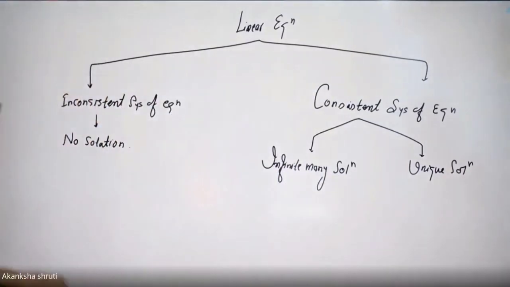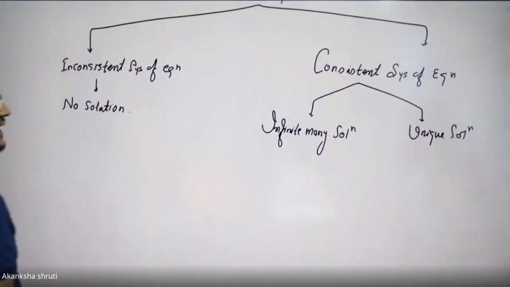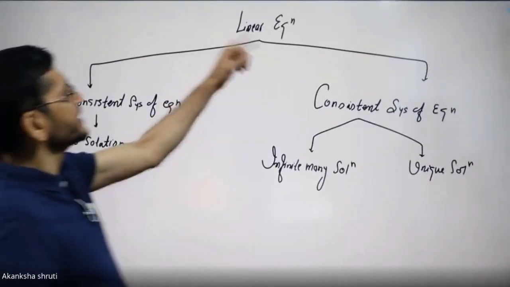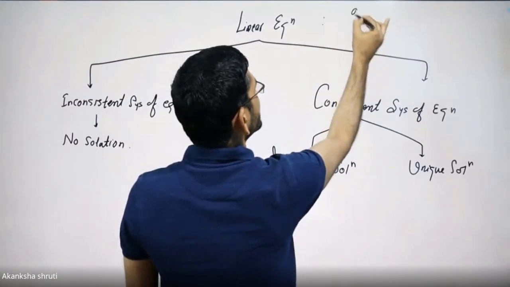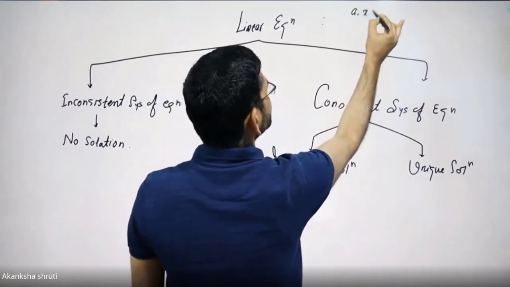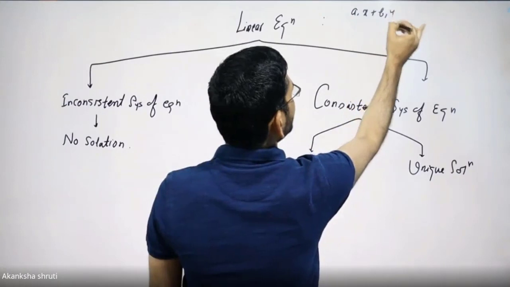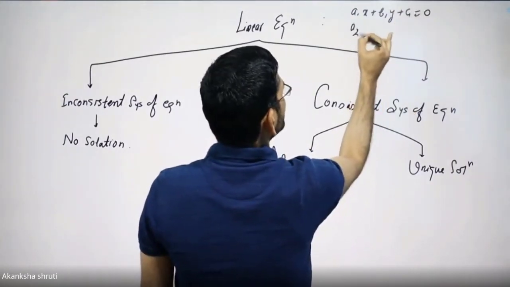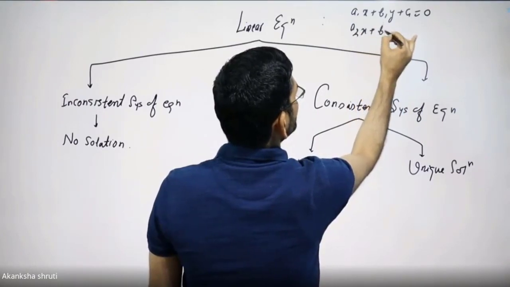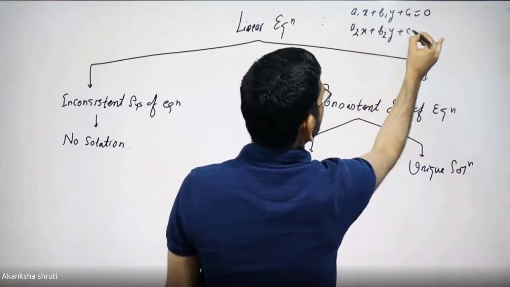How to identify whether there is no solution, or infinite many solutions, or a unique solution? We have linear equations in two variables, meaning surely we will be given two in general form: a1x plus b1y plus c1 is equals to 0, a2x plus b2y plus c2 is equals to 0.